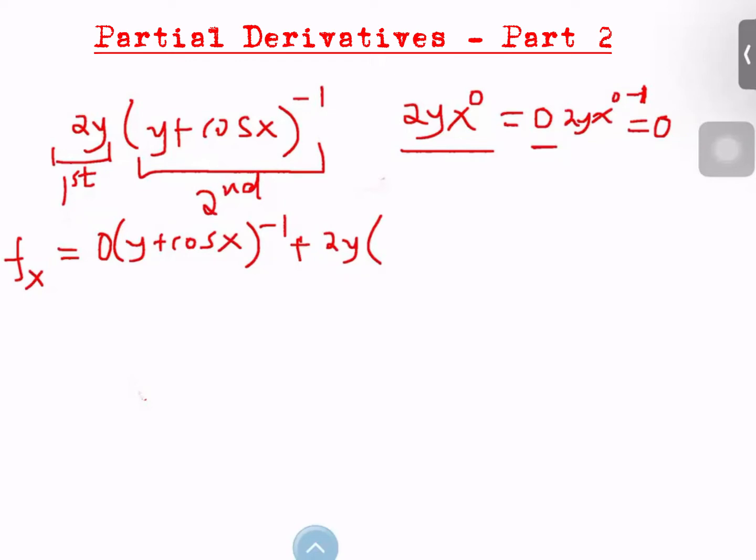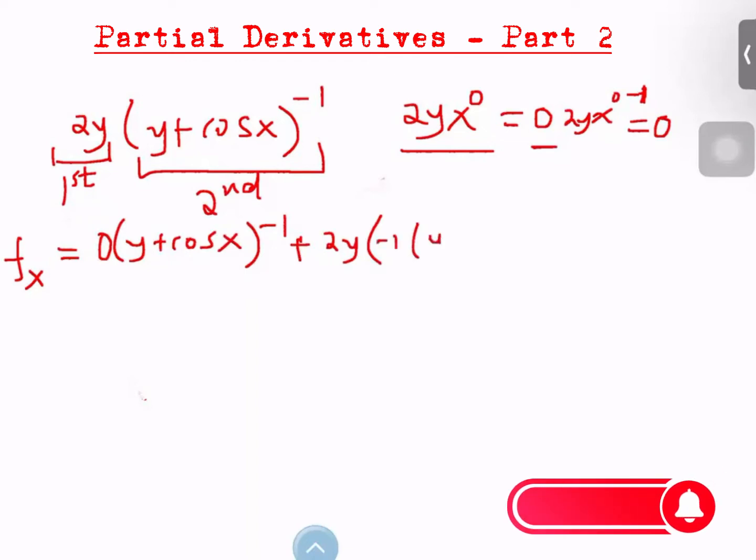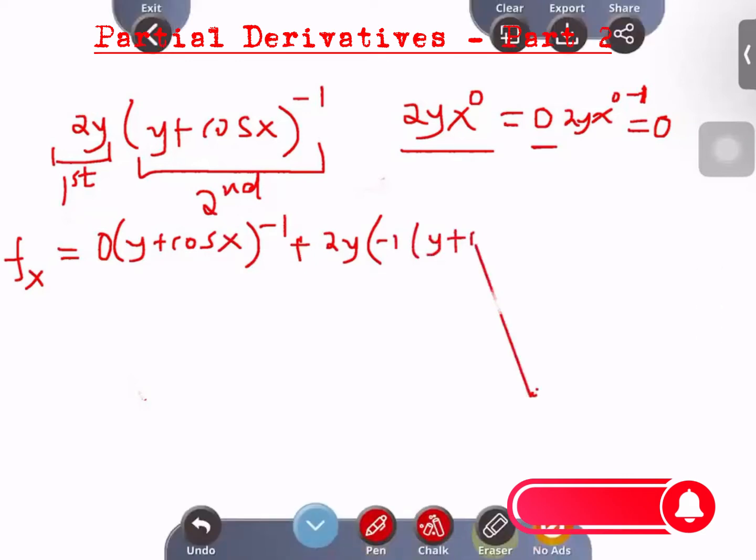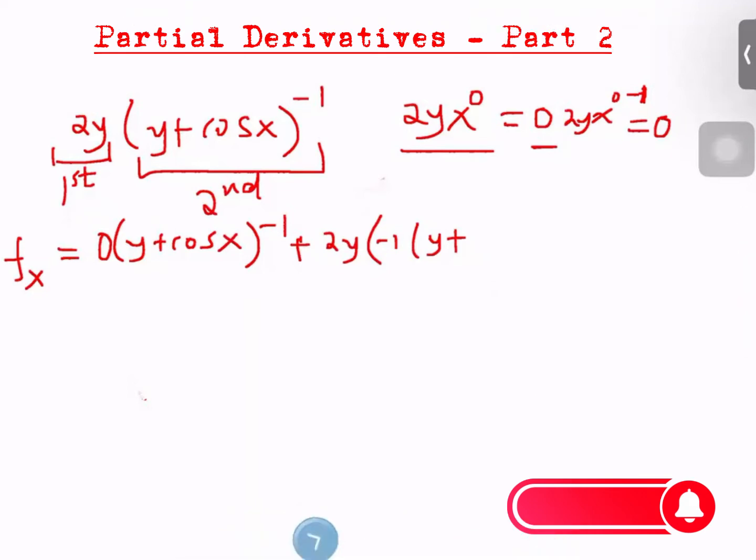So here we are going to have -1 into y plus cos x power -2, because it's -1 minus 1. So we get a -2. And then again, we multiply this by what is inside, y plus cos x, differentiated with respect to x.